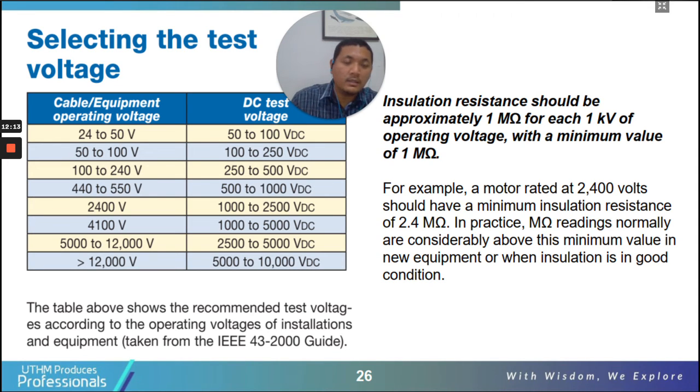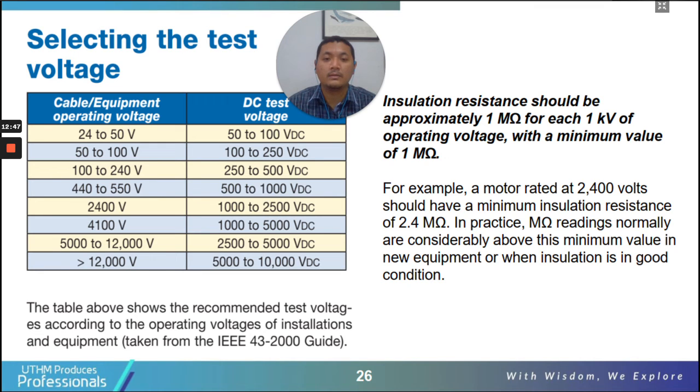If it's 2 kV, the acceptable value of IR must be 2 mega ohm. For example, a motor rated at 2.4 kV. The minimum insulation resistance is 2.4 mega ohm. So when we perform the IR test on the 2.4 kV motor, the value must be above 2.4 mega ohm for the test to be accepted.